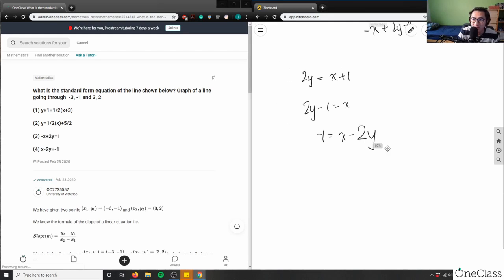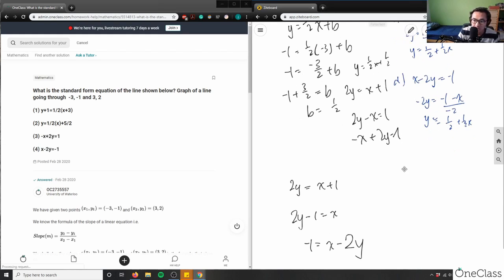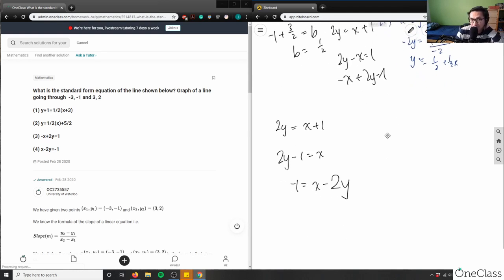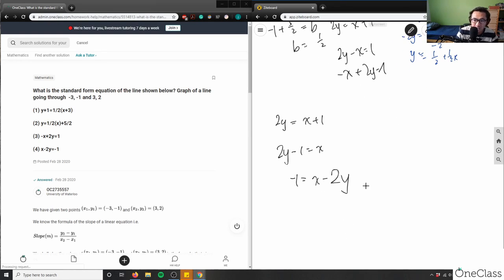Because if you look at my solution here, 3 is also correct, right? I multiplied 2 by both sides here, because this equation would equal this equation here, right? If I had negative x plus 2y equals 1 here, I can manipulate this to get this.